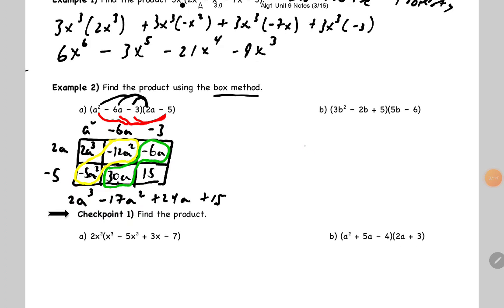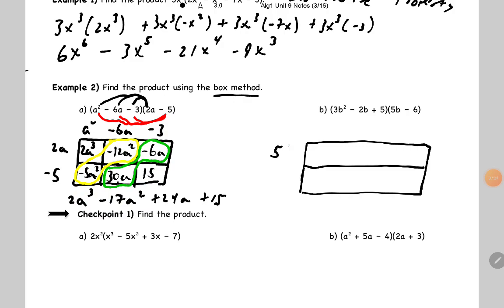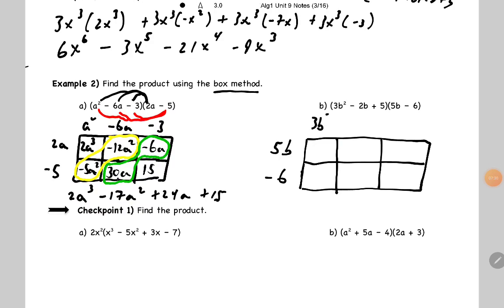So first let's do this box here. (5b minus 6)(3b squared minus 2b plus 5).